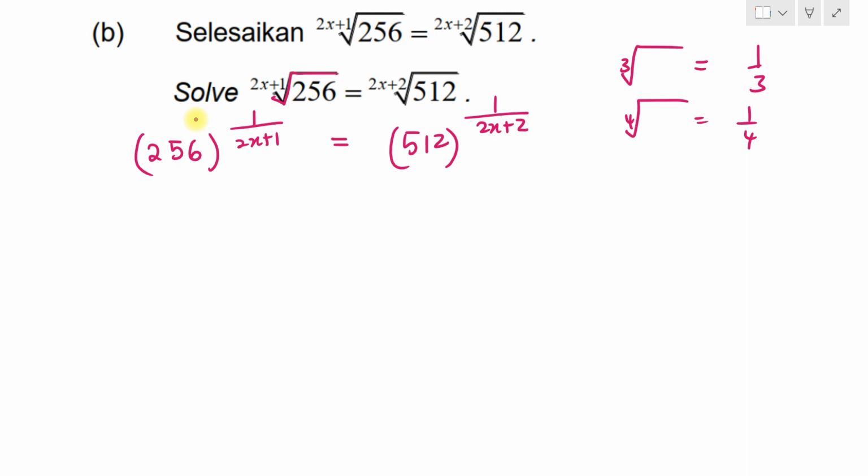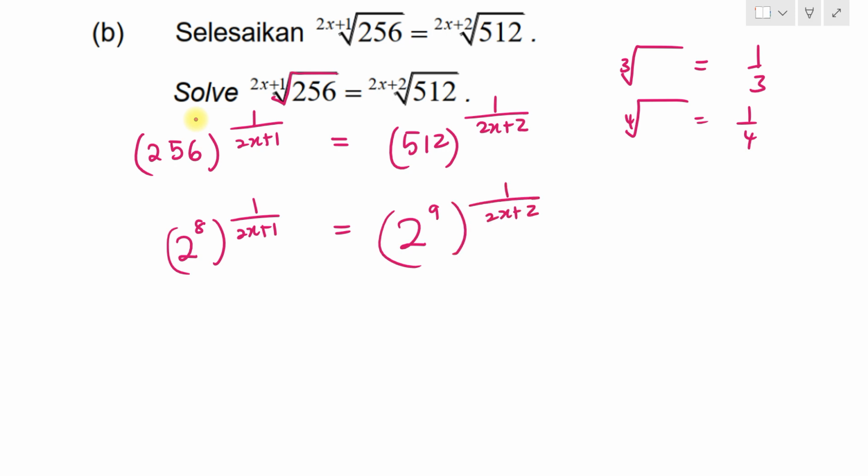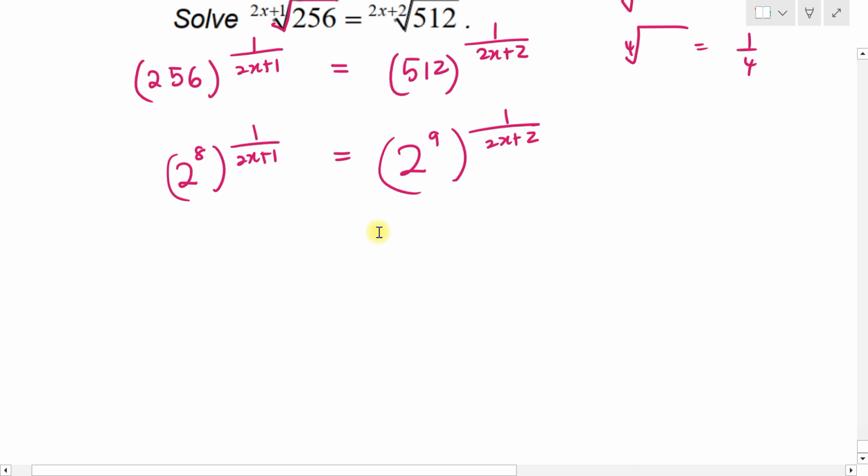Okay, the best thing is express in base 2. 256 is 2 power 8. 2 power 8 equals 512, which is 2 power 9. Okay, so now what will simplify?